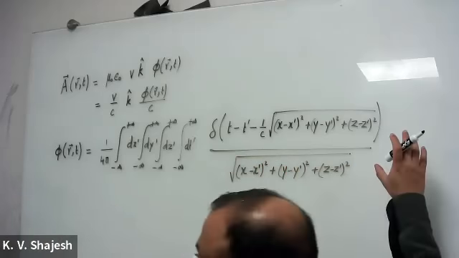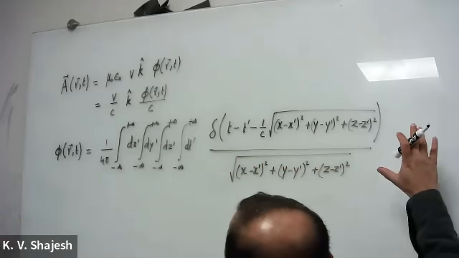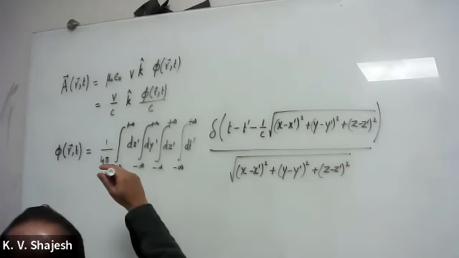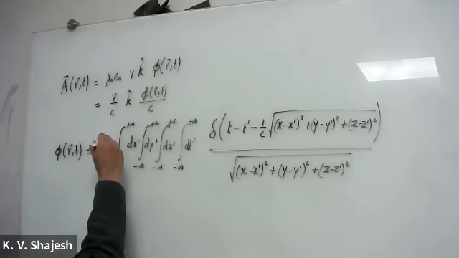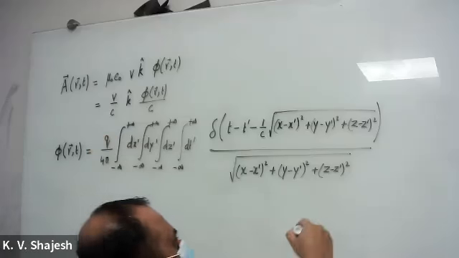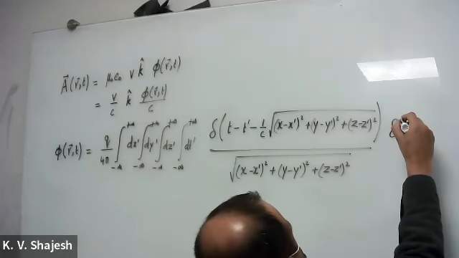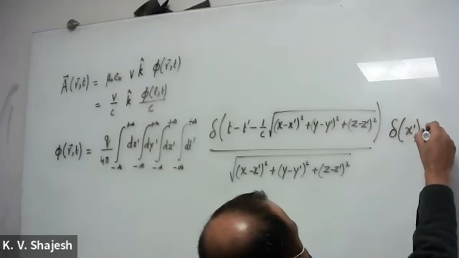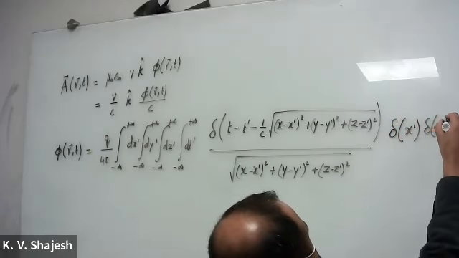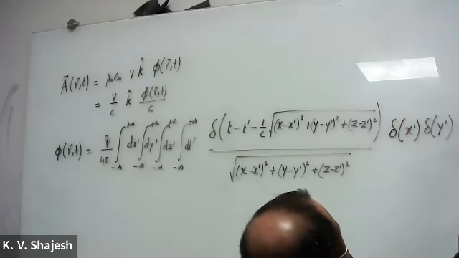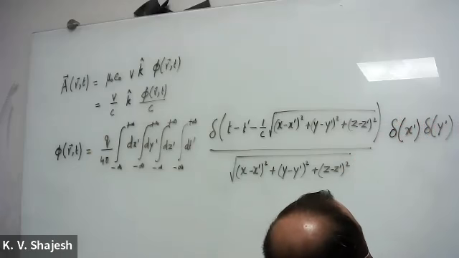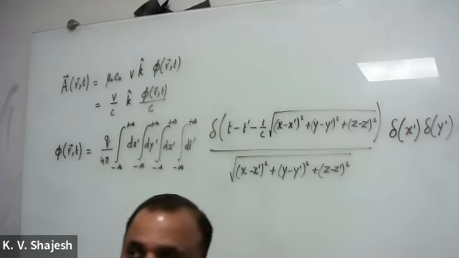And we have to put in our charge density, so that's Q. I take my Q all the way out. And that is a delta of x prime, delta of y prime, and delta of z prime minus v t prime.